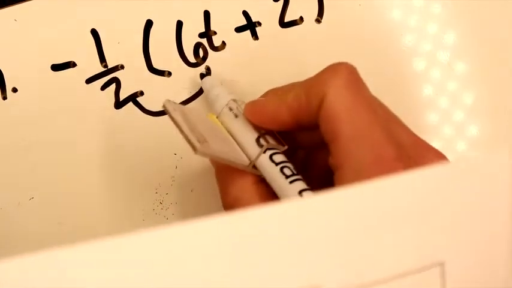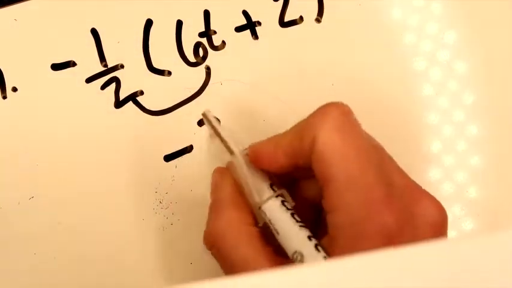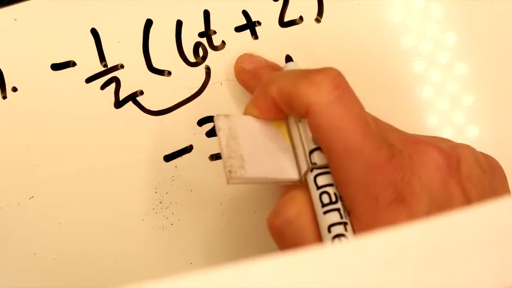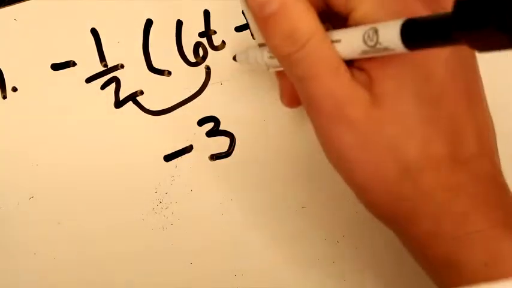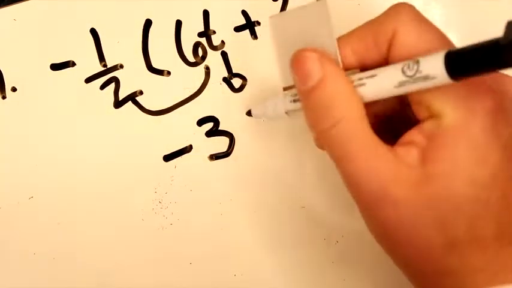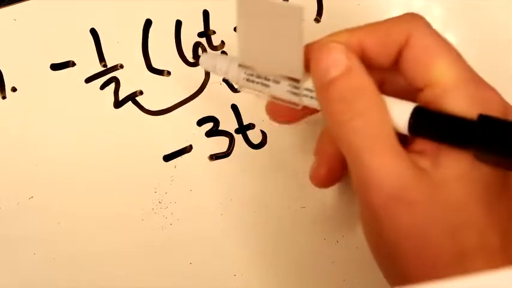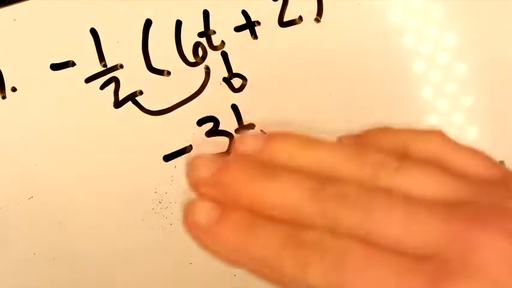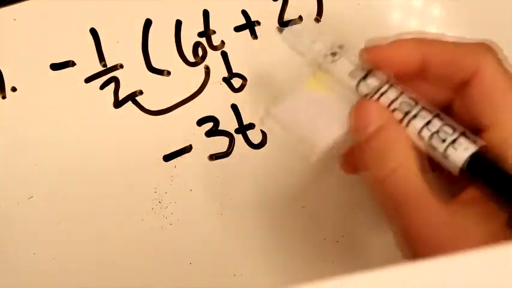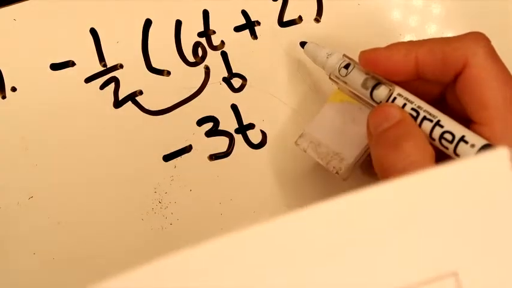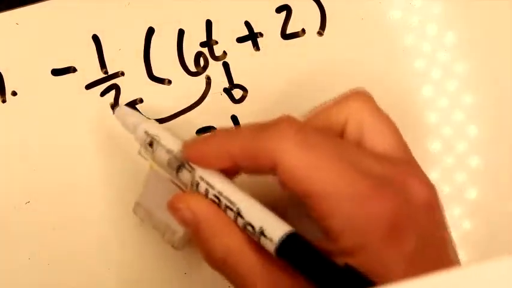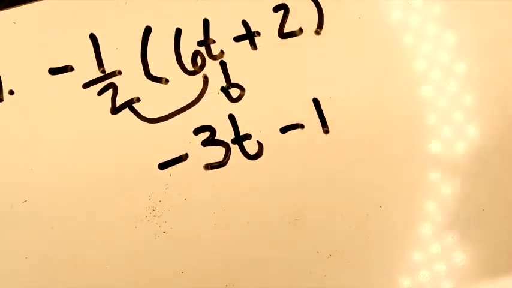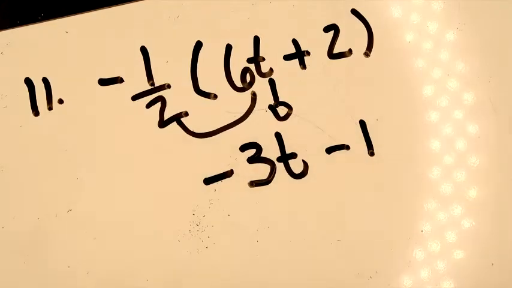Negative half times 6t is going to be negative 3t, because what is half of 6? 3. But we have to bring down that t, and we have to keep the negative, because a positive and a negative multiplied together is always going to be negative. Then we have a positive 2 being multiplied by negative half, which is going to be negative 1, because what is half of 2? 1. That's number 11.